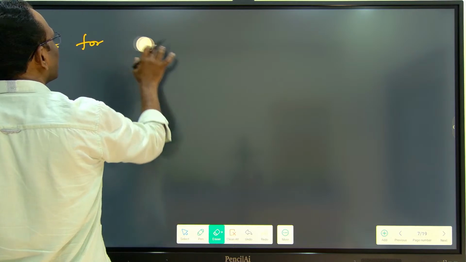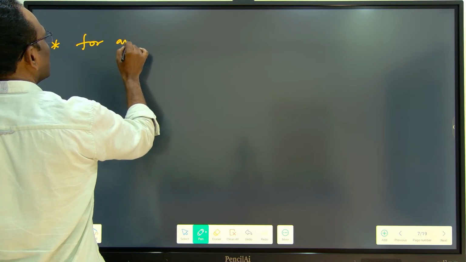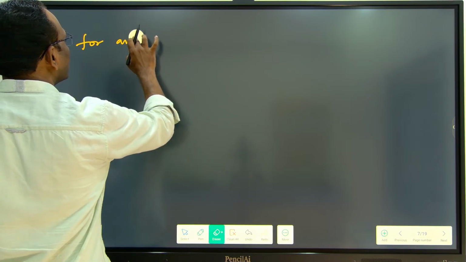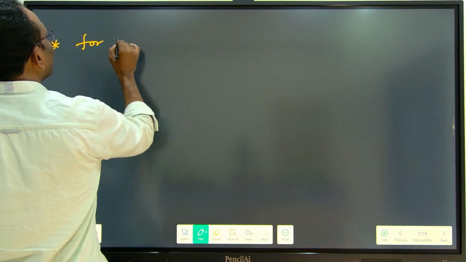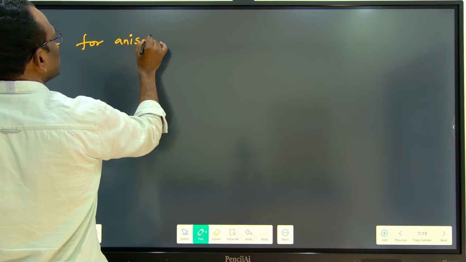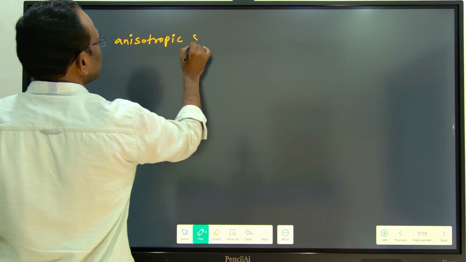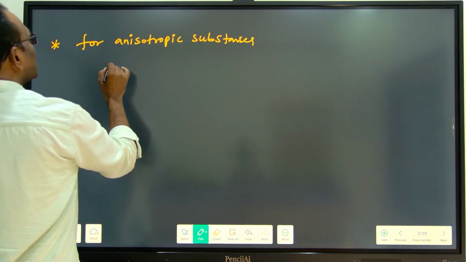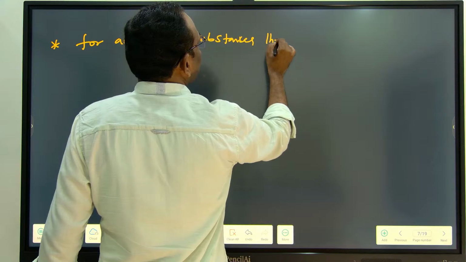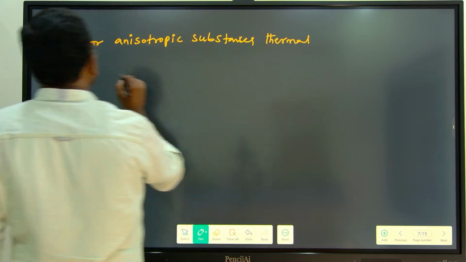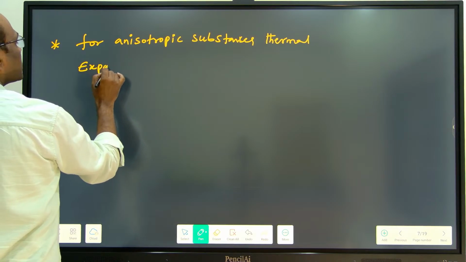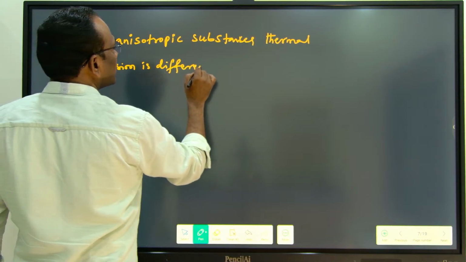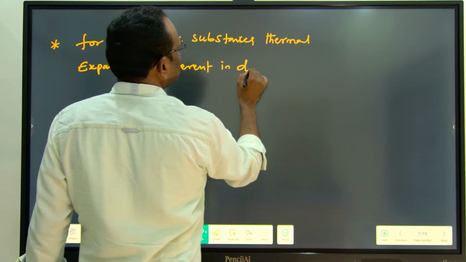In anisotropic substances, thermal expansion is different in different directions.